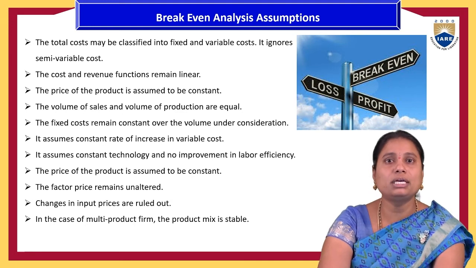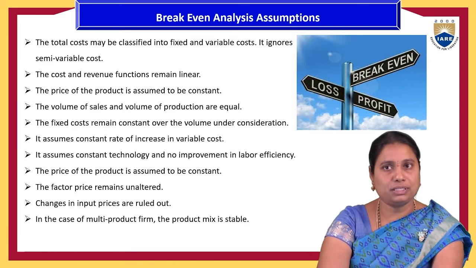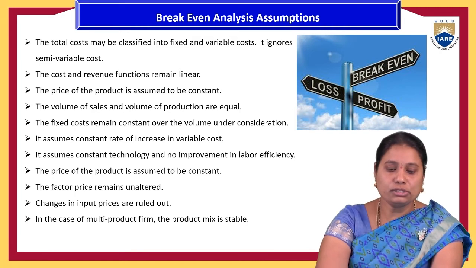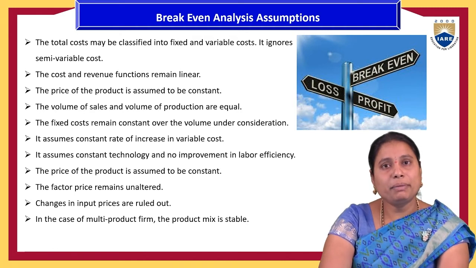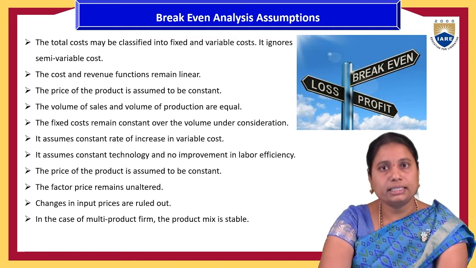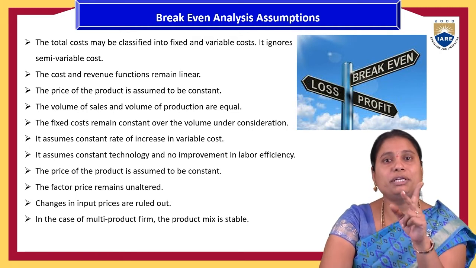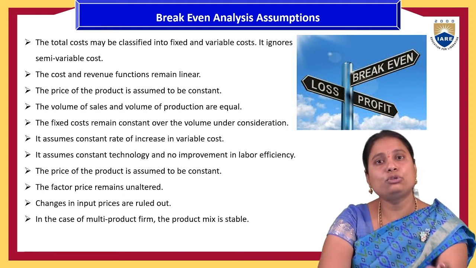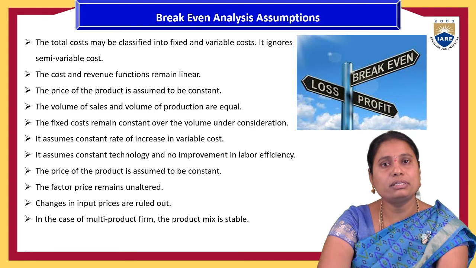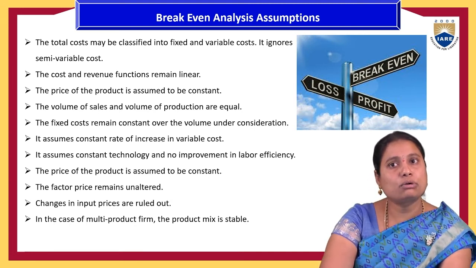That's why it assumes that the increasing rate of the variable cost is constant, and it also assumes that the factor price remains unaltered. So the price changes between two intervals estimated by the producer remain constant. There should not be any changes in the price levels at two intervals, and changes in the input price are ruled out.